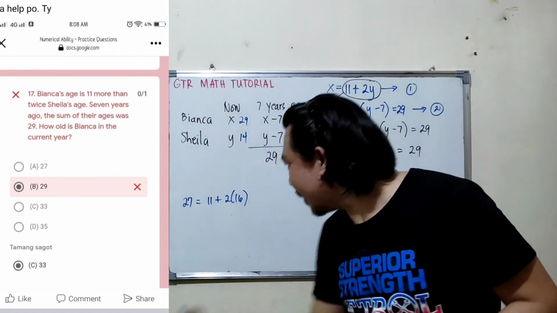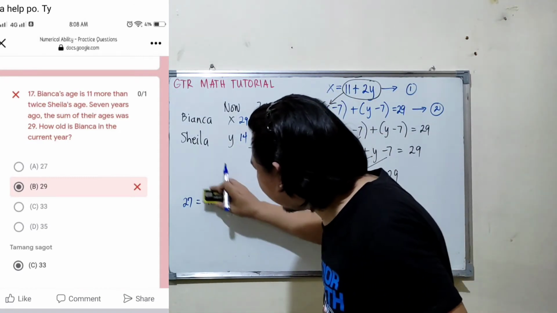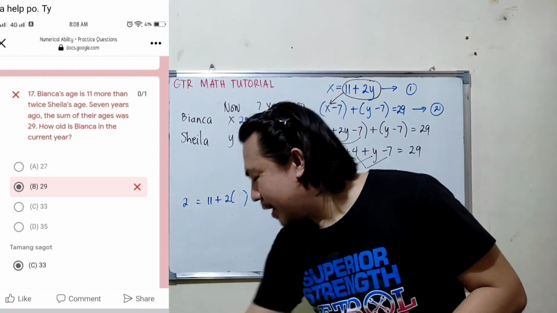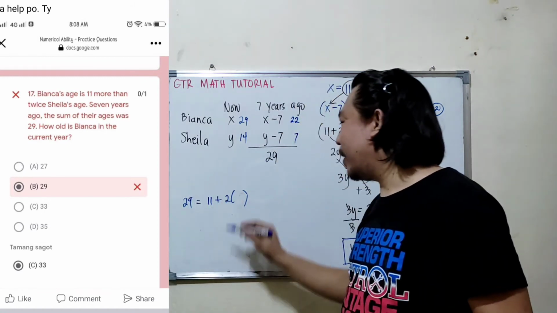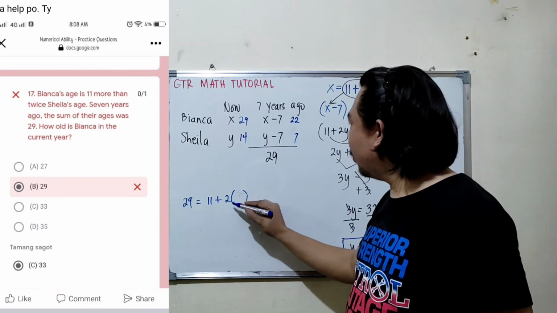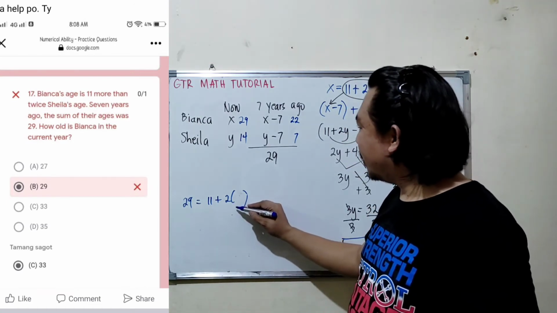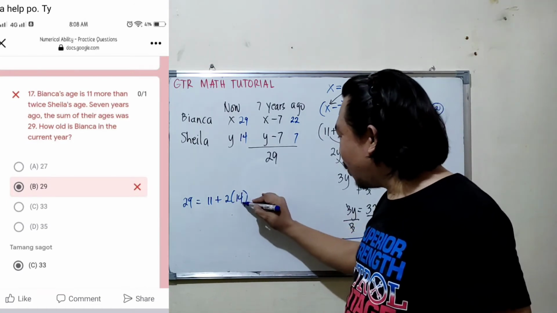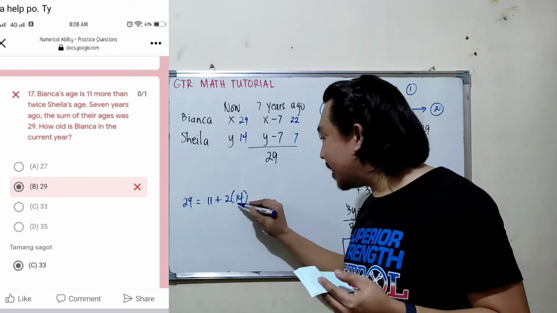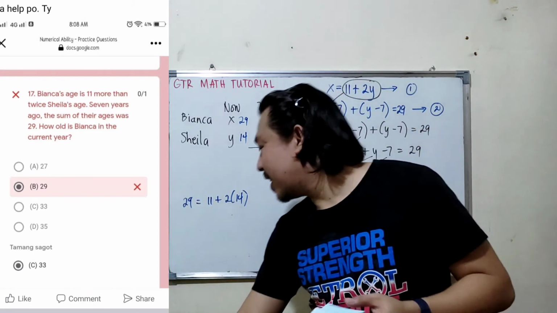Palitan natin: 29 equals 11 plus 2 times 14. 14 times 2, 28, plus 11, hindi rin sakto.